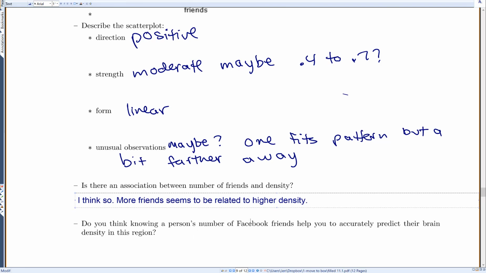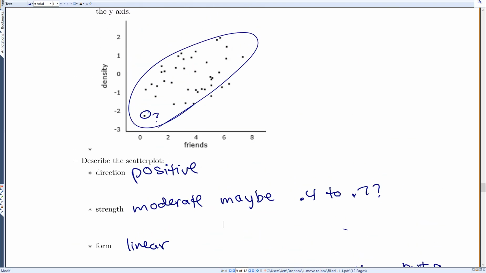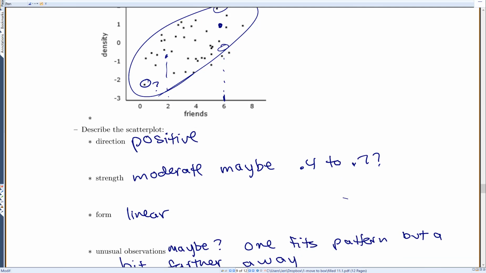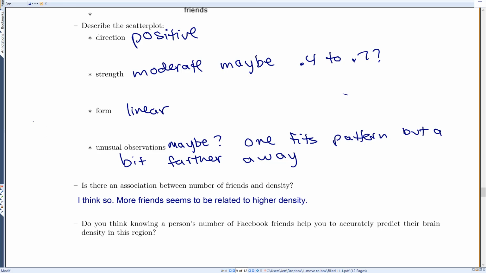Do you think that knowing a person's number of Facebook friends would help you to accurately predict their brain density in this region? So if I pick someone that had 600 friends and I went up, do you think you could predict what their brain density would be? Well, maybe not exactly. Like maybe they're up here, maybe they're down here, but would you have more information, or would it be different than if you were guessing it like 2 friends? I would say you can probably predict a little bit, not a super good prediction, but you can make a prediction.